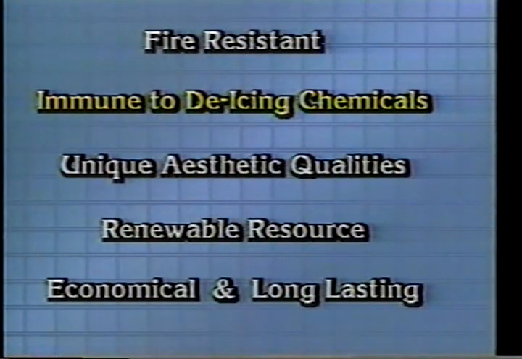Wood is totally immune to commonly used de-icing chemicals. It has unique aesthetic properties and qualities. It is a renewable resource. It's one of our few building materials that you can farm and get crop after crop. It is economical, and it's long-lasting when it's properly treated and protected.